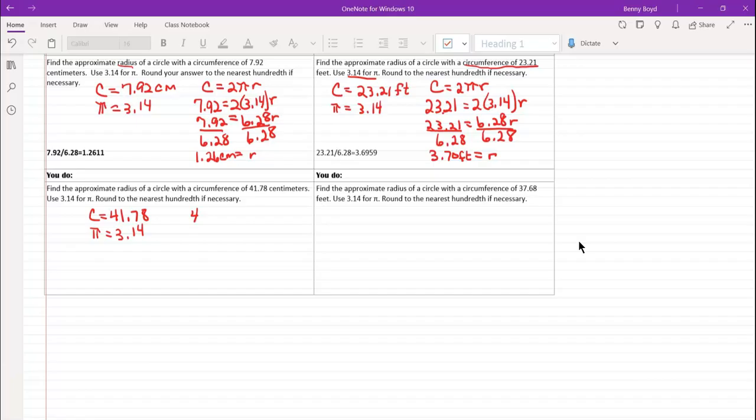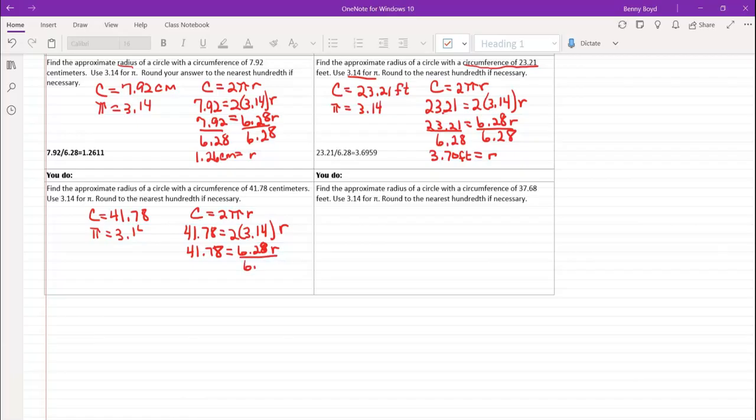So we're going to use the formula C equals 2 pi r and substitute 41.78 equals 2 times 3.14 times r. So 41.78 equals 6.28 r.